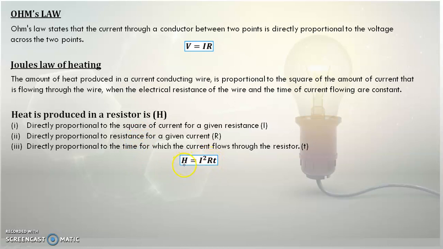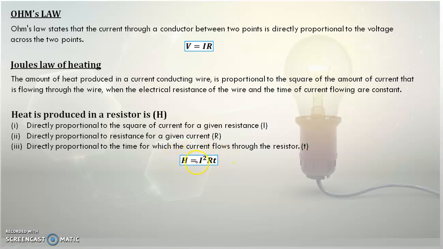Here H is the heat produced, I square is the square of the current that we have written in the first point, R is the resistance of that particular resistor, and T is the time for which the current flows. This is a very important equation: H is equal to I square RT.